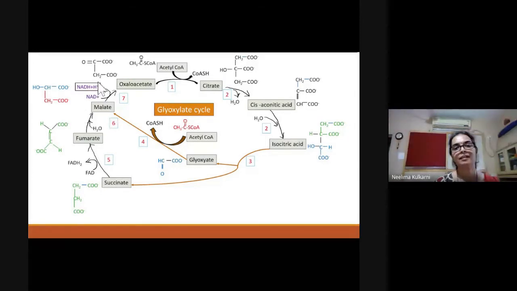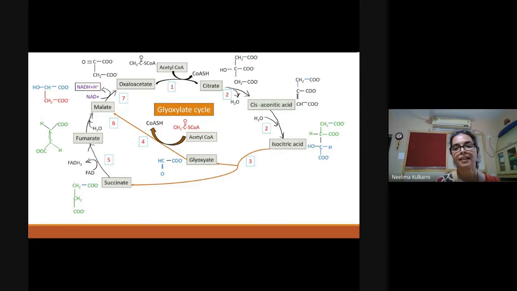Malate can then be converted to oxaloacetate. Succinate, which is produced due to action of isocitrate lyase on isocitric acid, is then acted upon by succinate dehydrogenase. It can be converted to fumarate, which can be further converted to malate, and this is how it will continue with the remaining reactions of TCA cycle.